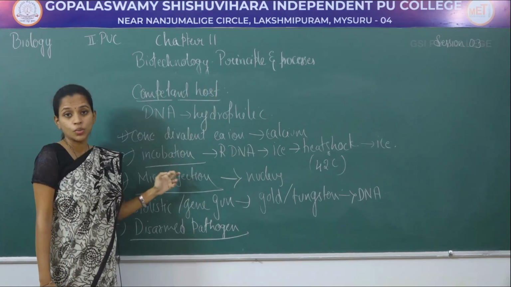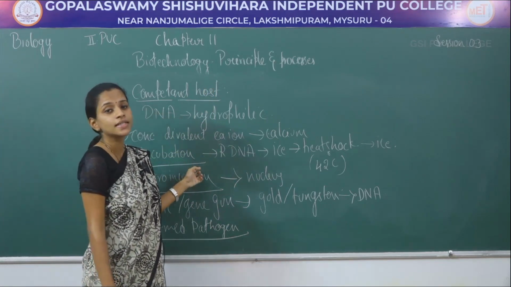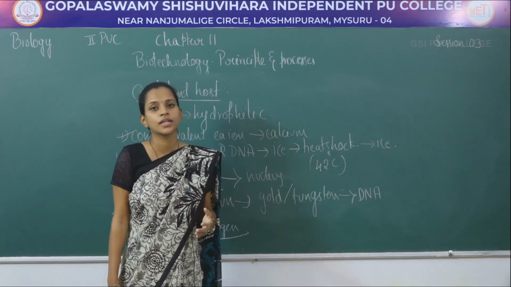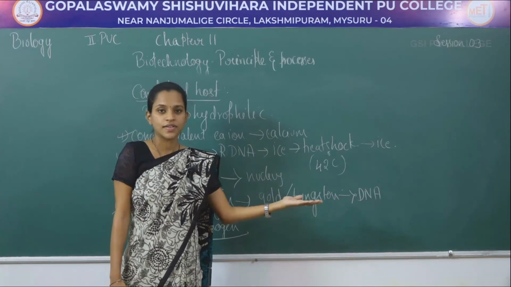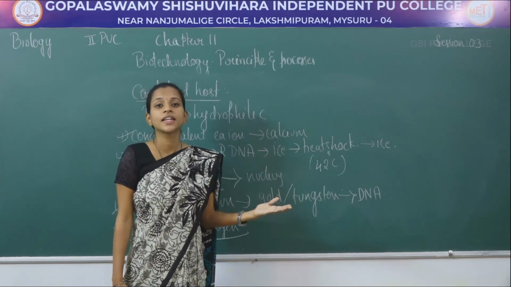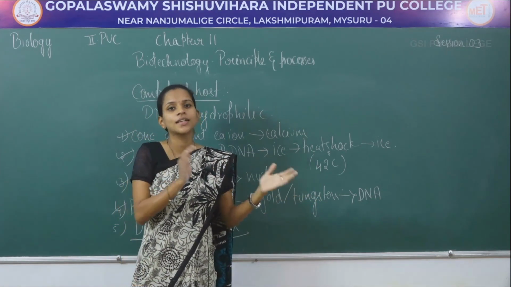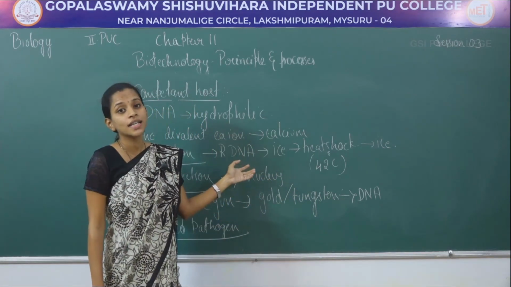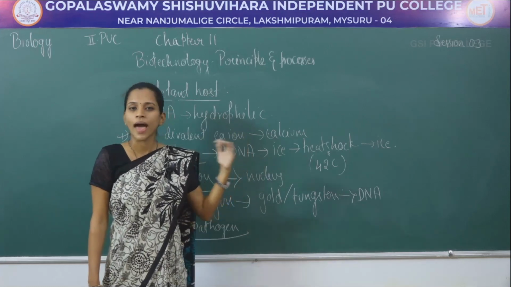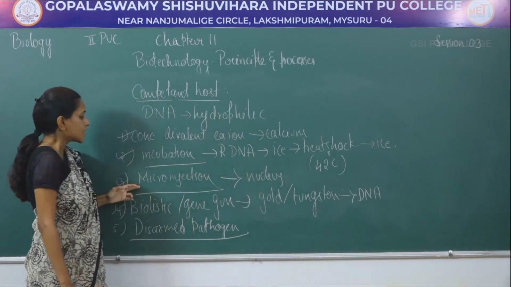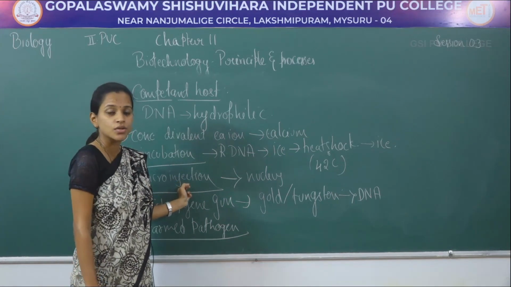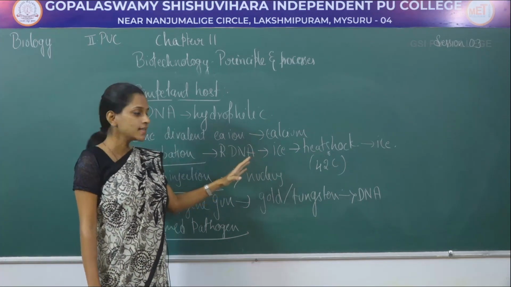Another method is incubation, where the recombinant DNA is incubated in ice, given a heat shock at 42 degrees centigrade, and again transferred into ice. This alternation of cold and hot treatment helps in increasing the efficiency of the bacteria to accept the foreign DNA. Third method is microinjection, where the DNA is directly introduced into the host nucleus.